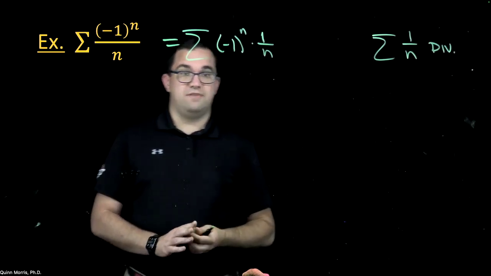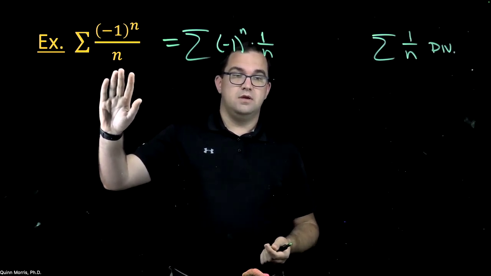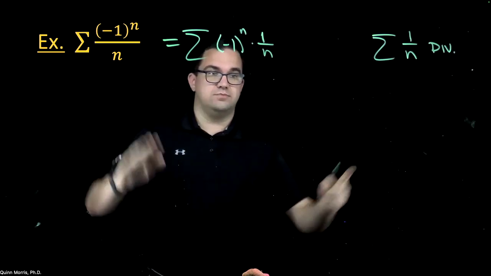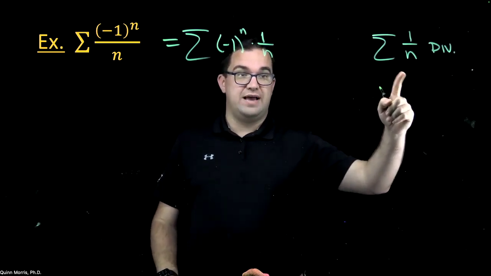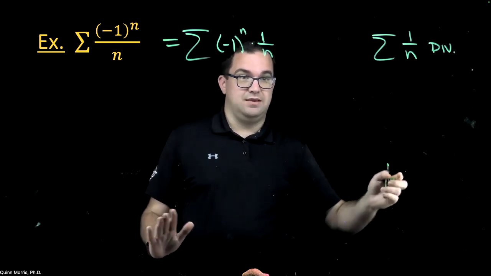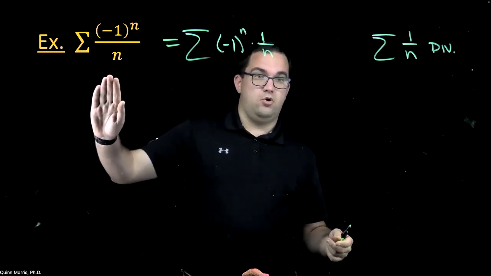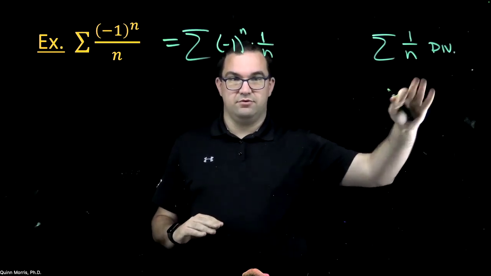For example, if you were to try and apply the absolute value test to this, if you took the absolute value of the terms of the series, you'd get this. This diverges. But remember, the absolute value test, when the series of absolute values diverges, doesn't tell you anything. So we still don't know whether this series converges or diverges just because we know that this series diverges.